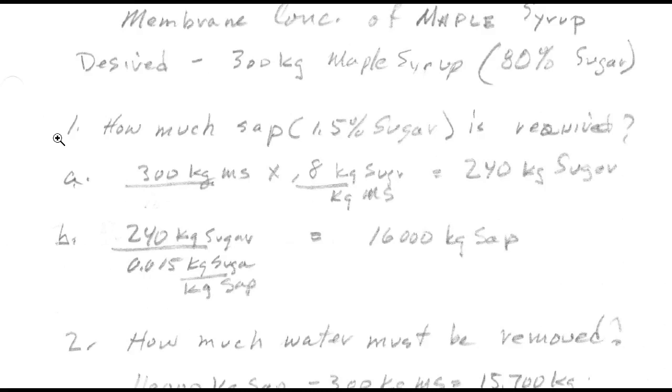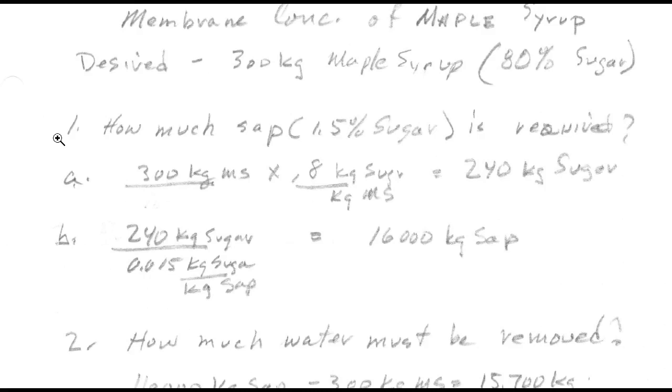Since the final syrup is 80% sugar, that would be 240 kilograms of sugar divided by 1.5%. So you need 16,000 kilograms of sap to produce 300 kilograms of final product.